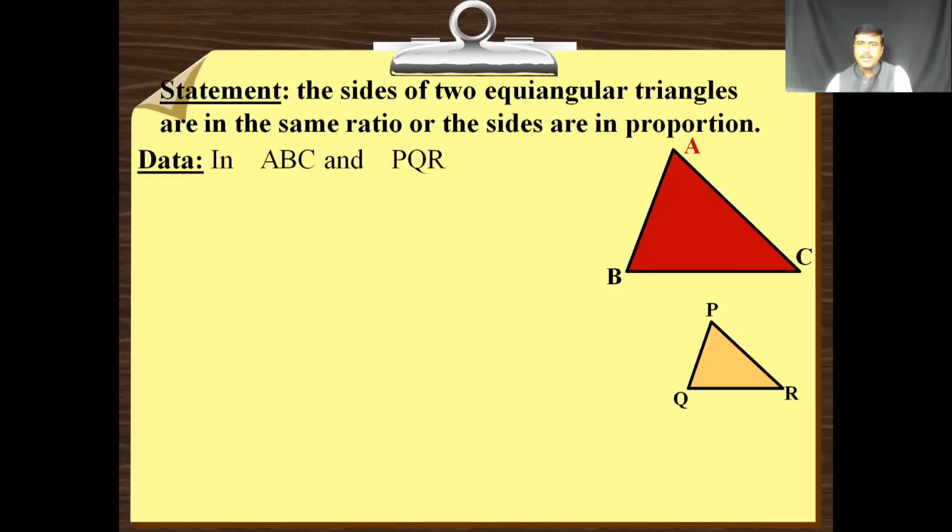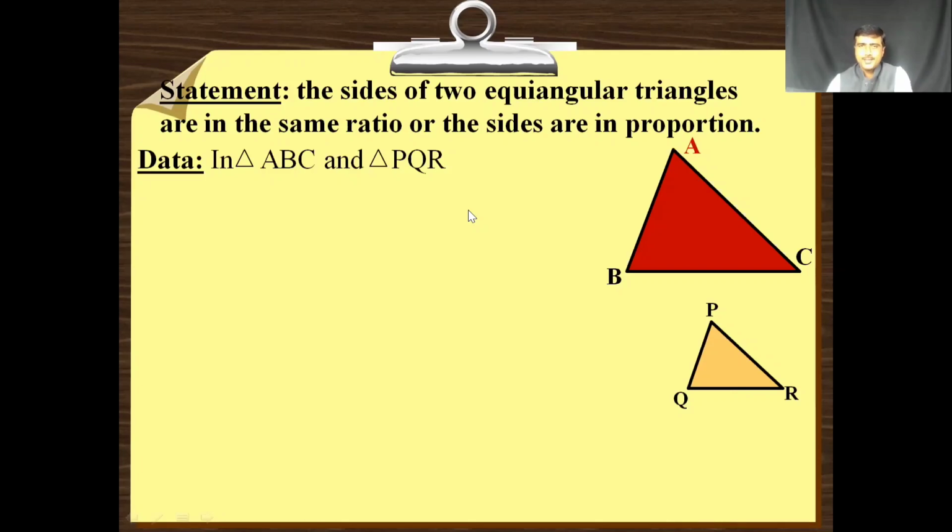Here, in triangle ABC and triangle PQR. Why have I taken in? Because it is having a certain speciality that we need to explain here. What is the speciality it is having? You will find that in the statement. In the statement, it is clearly mentioned that the angles are equal, that is, the corresponding angles are equal.